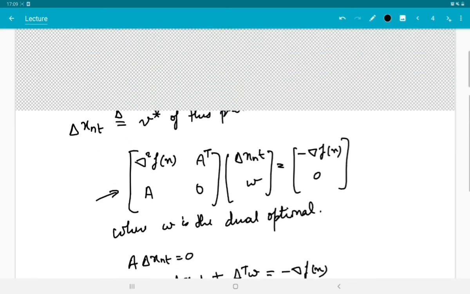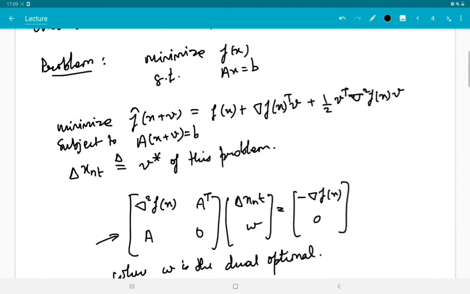So when the problem is quadratic, this quadratic approximation is no more an approximation, it is the actual quadratic itself. So in that case, this f hat(x plus v), which is an approximation, actually becomes the actual function f(x plus v).